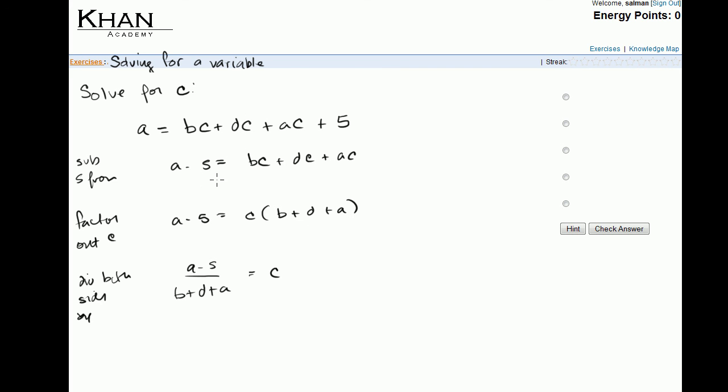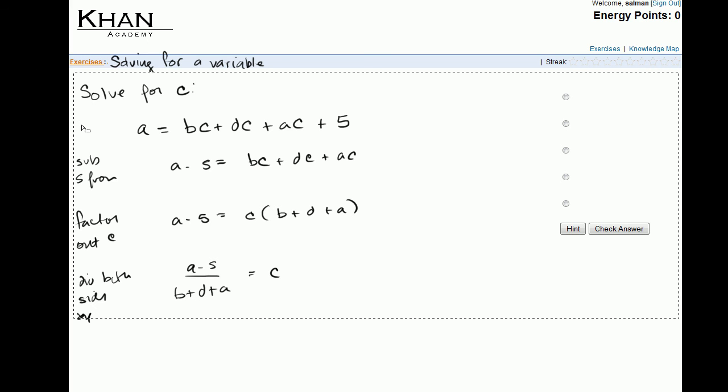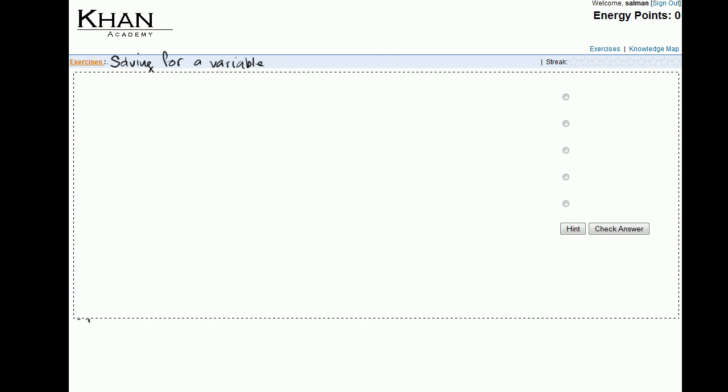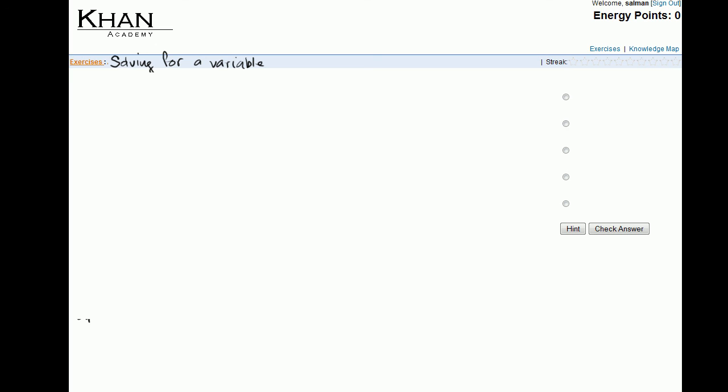The last type that we might want to do, or actually we probably want 4 or 5 types. If you keep switching up the numbers and the letters, it'll look like a lot more types. You could have something where it's not just a straightforward polynomial expression.